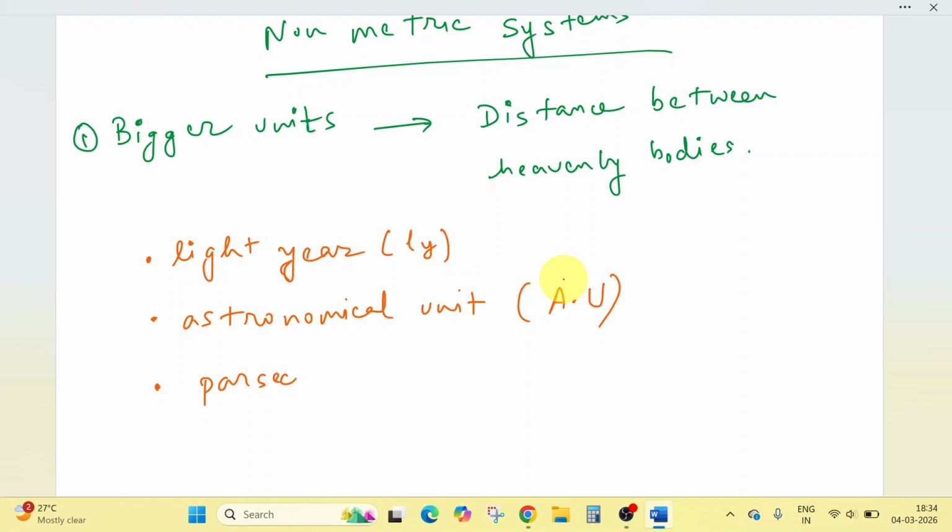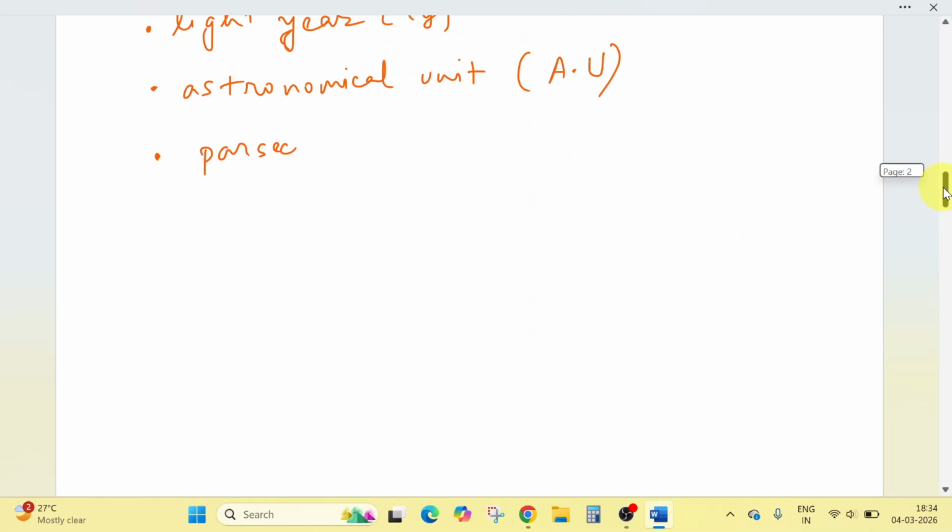By definition, light year is the distance traveled by light in 1 year. If you give light a time of 1 year, how much distance it can travel is called light year. So to calculate distance, what do you need? You need speed and time. So let us discuss what is light year and see how the value comes.